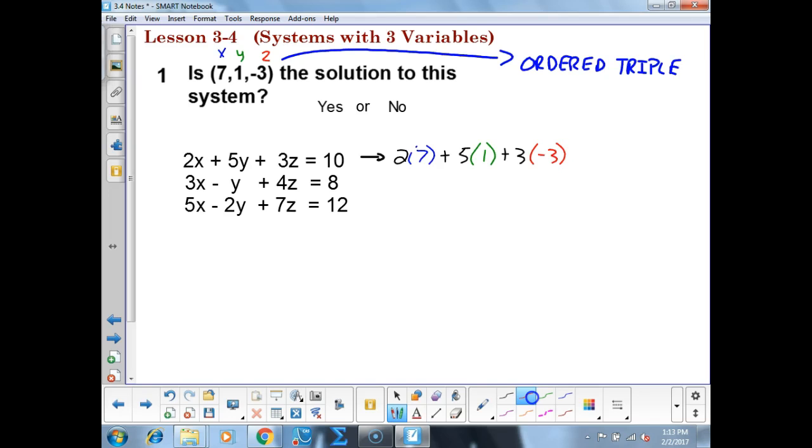And that, hopefully, is equal to 10. Well, that's 14, that's 5, and that's negative 9. 14 plus 5 is 19, minus 9 is 10, and 10 is equal to 10. So it checks out in the first equation.